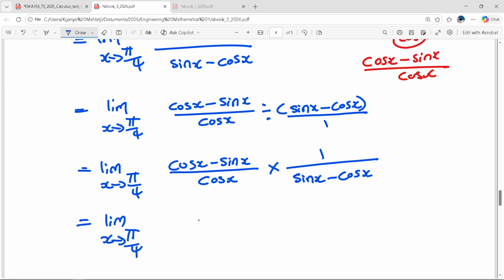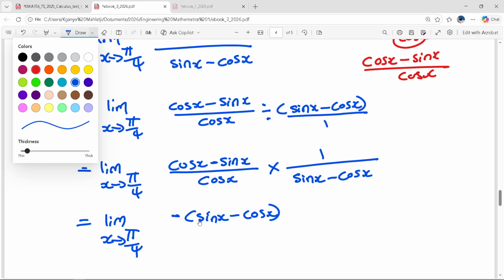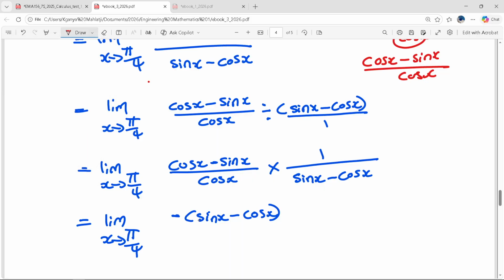As x approaches π/4, you will have minus (sin x − cos x). If you bring this minus into the brackets, let me do it aside just to show you. You will have −(sin x − cos x), which gives −sin x + cos x, which is cos x − sin x, the same as this one.